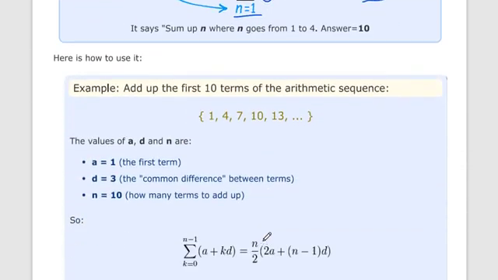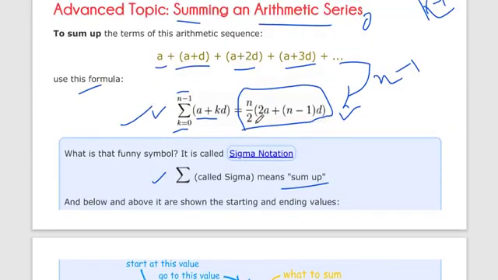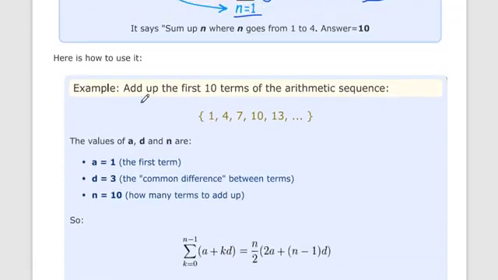Now let's use this formula to solve the summation of the nth term. Example: add up the first 10 terms of the arithmetic sequence.